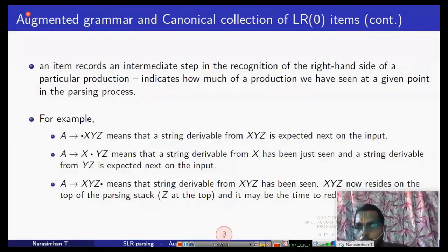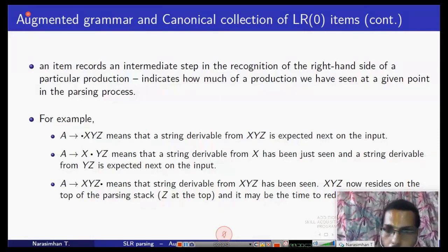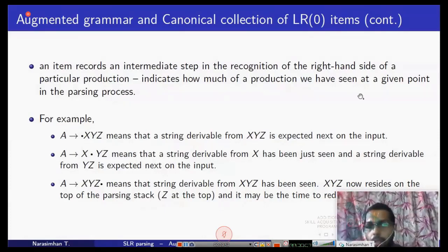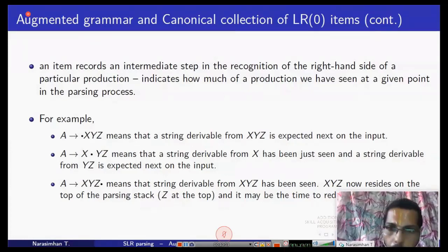The dot will help you recognize the intermediate steps in the right hand side of the production. It indicates how much of a production you have seen at a given point in the parsing process. For example, you have A gives dot XYZ. The dot is at the left end, right?